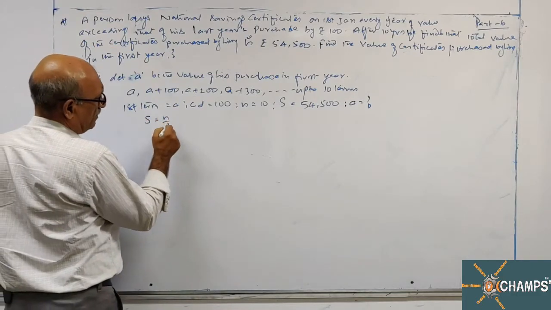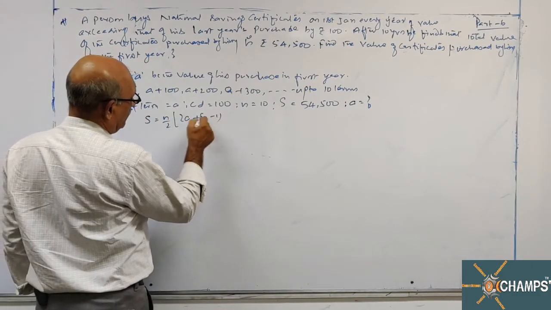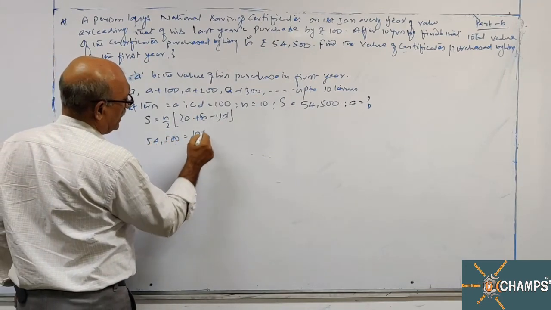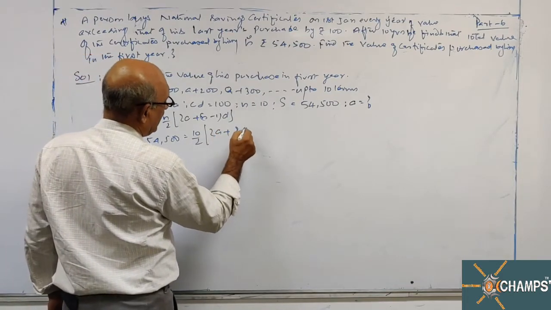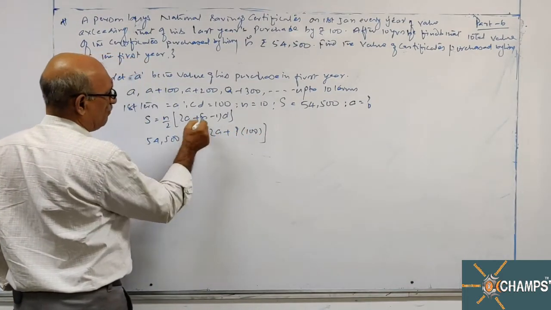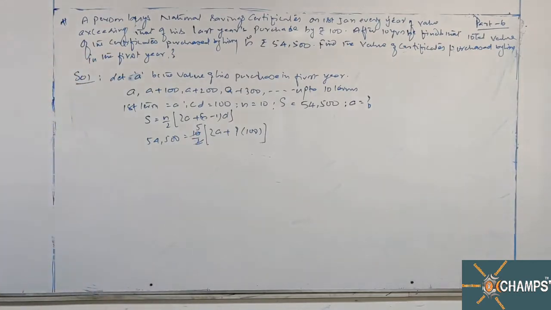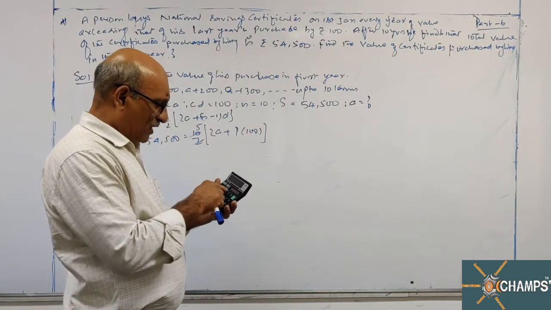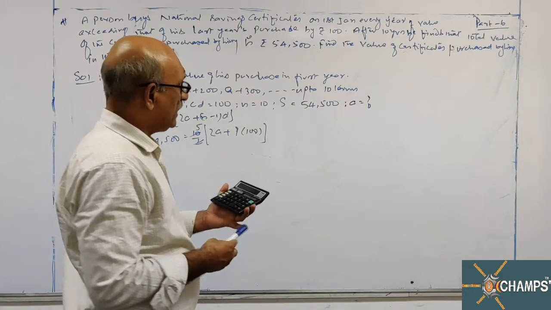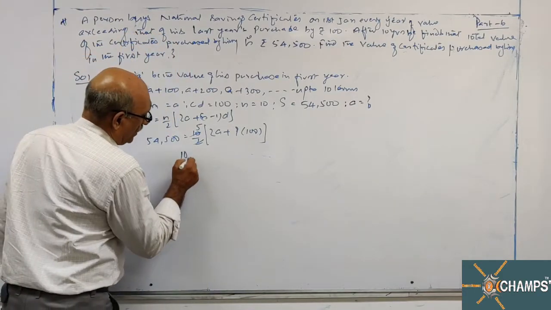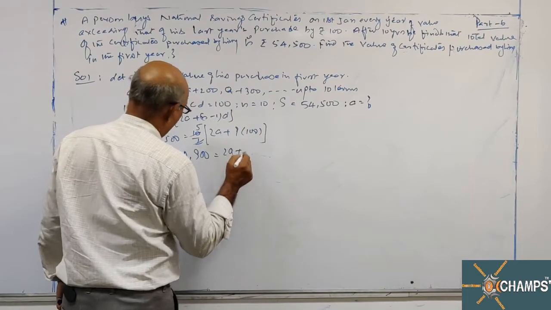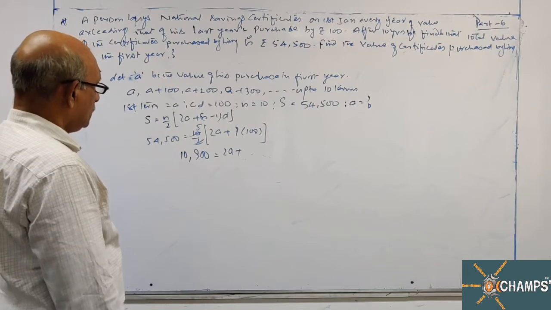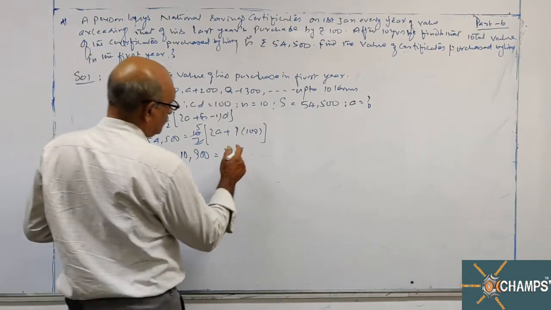So S is equal to N by 2 into 2A plus N minus 1 into D. 54,500 is equal to 10 by 2 into 2A plus 9 into 100. It will go 5 times. 54,500 divided by 5 is 10,900. 10,900 is equal to 2A plus 900.